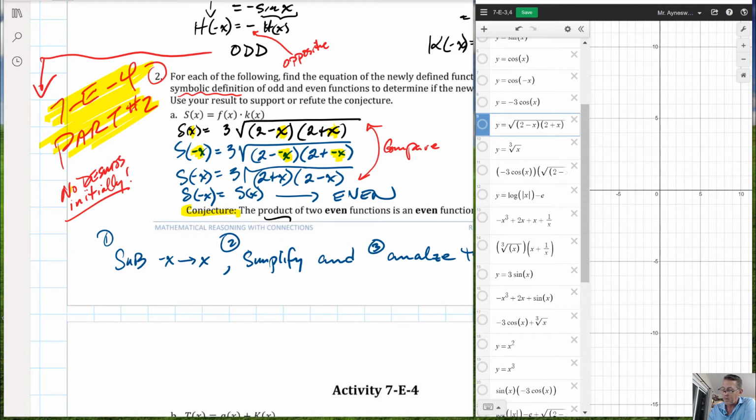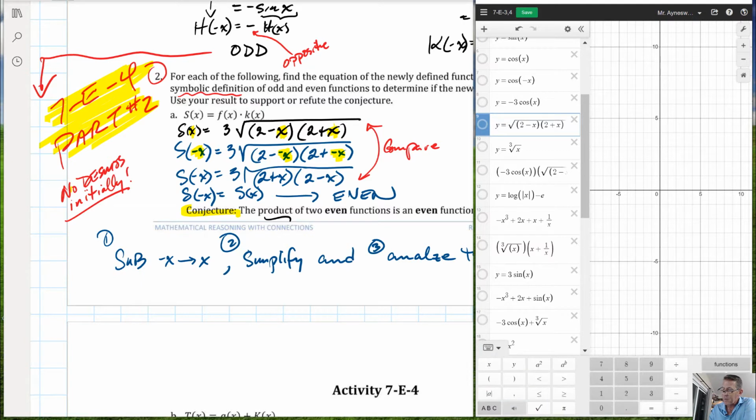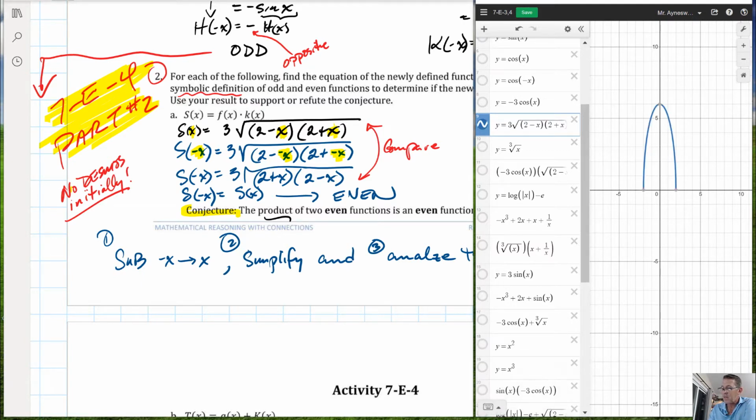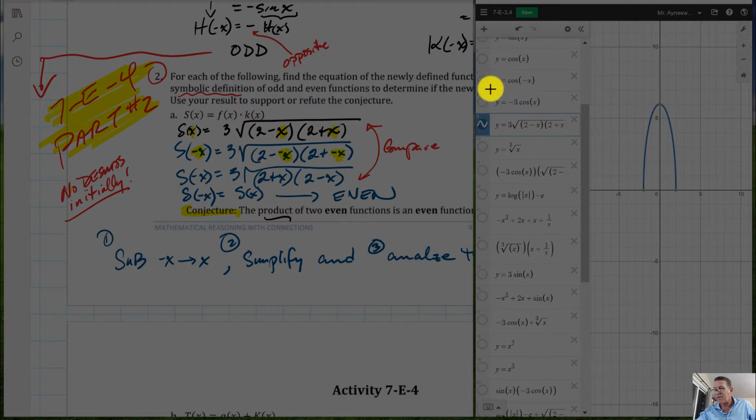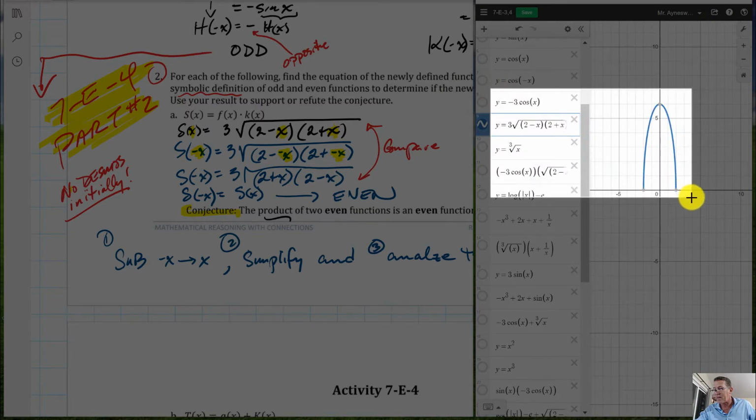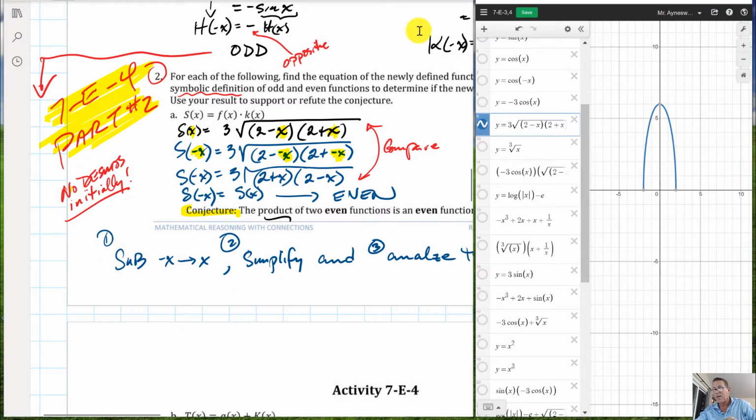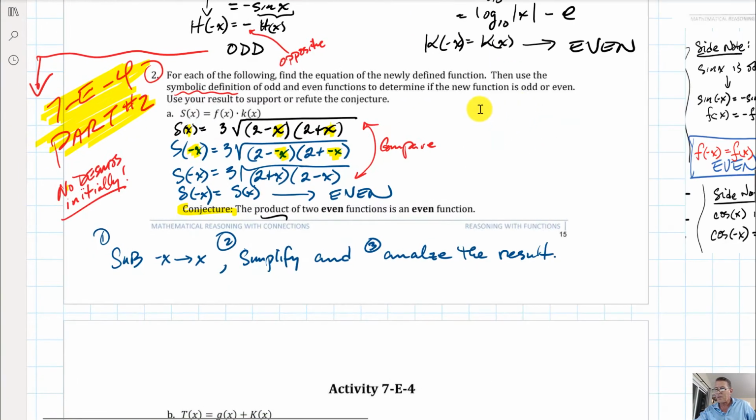I need to multiply it by 3. So let me just modify this, multiply it by 3, and turn the function on, and notice that it's even. It has y-axis symmetry. And this is how we checked in prior activities that a function is even or odd. We did it graphically first by looking at symmetry, and then we learned how to do it symbolically.